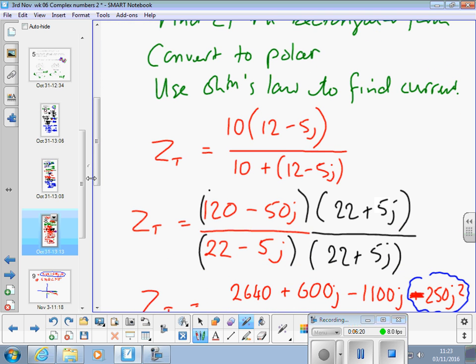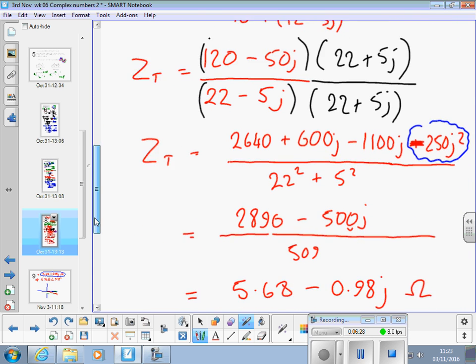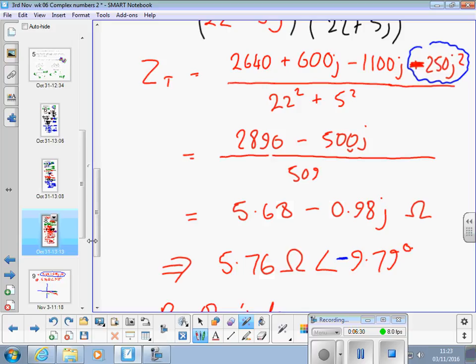Then we went on and used that formula with complex arithmetic to come up with a total impedance in rectangular form. And we just learned you need to be careful putting that in, because if you miss that negative sign out, it changes the sign of all these angles.